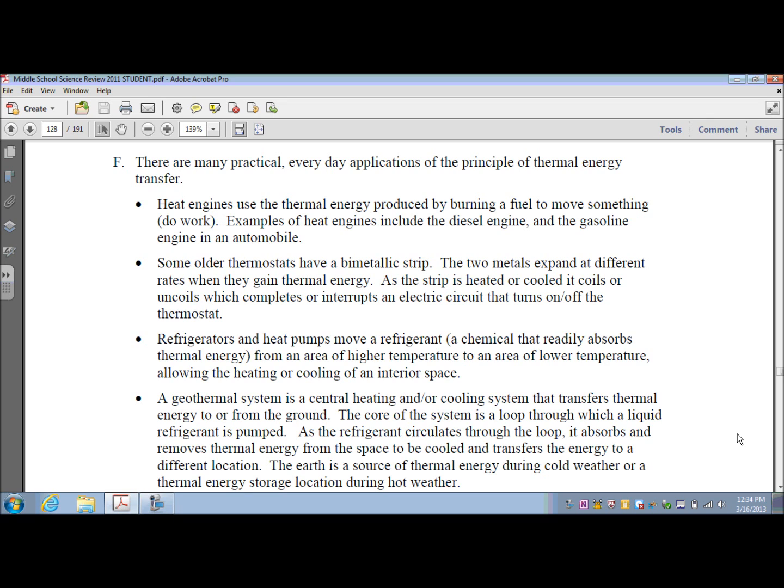The core of the system is a loop through which a liquid refrigerant is pumped. As the refrigerant circulates through the loop, it absorbs and removes thermal energy from the space to be cooled and transfers the energy to a different location. The Earth is a source of thermal energy during cold weather or a thermal energy storage location during hot weather.